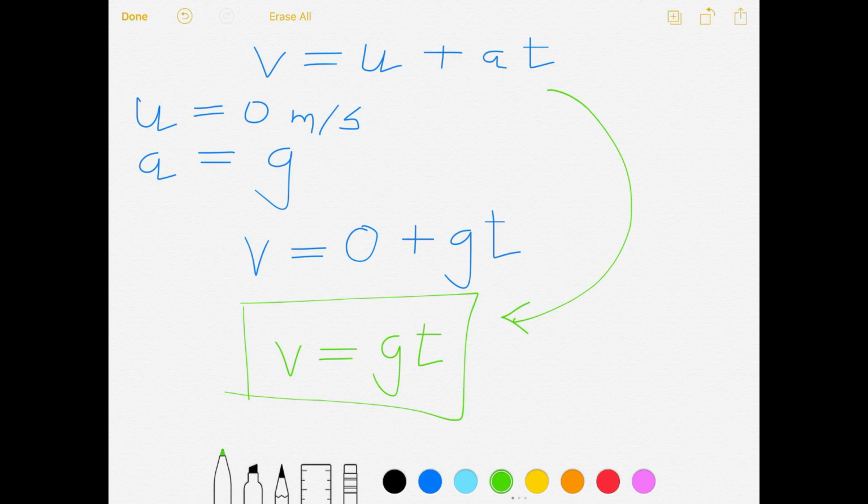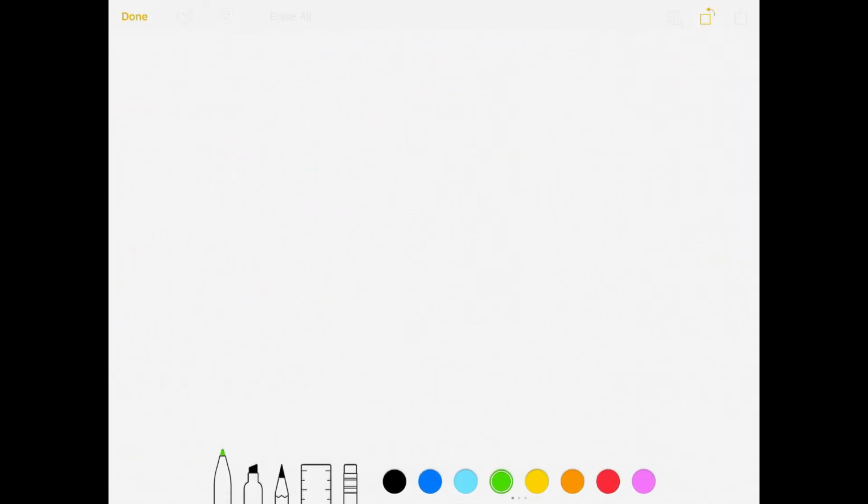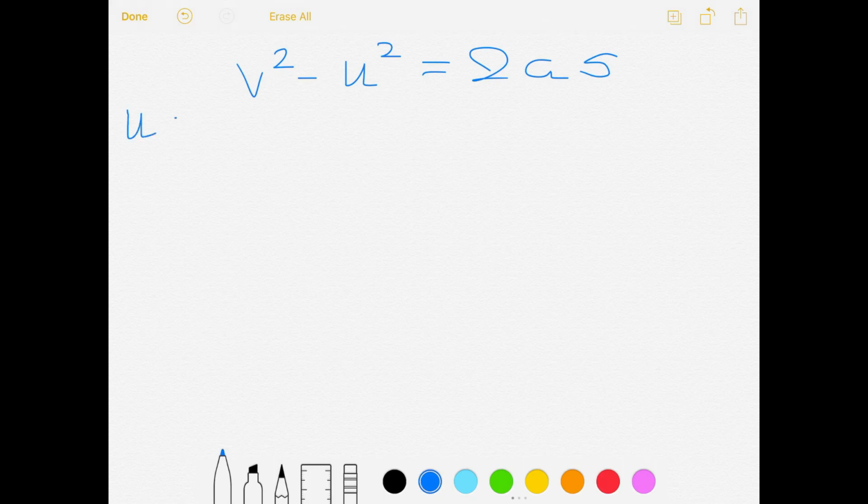Okay, now let us move on to the second equation. It says v square minus u square is equal to 2as. Now recalling the things that we remember, that the initial velocity of a freely falling object is always 0 meters per second, right? The acceleration gets converted into acceleration due to gravity and the distance gets converted into the height now.